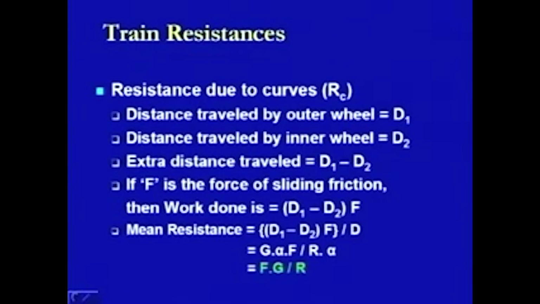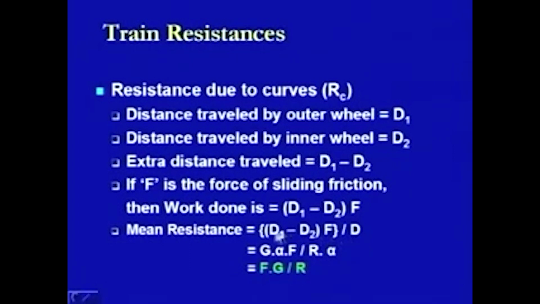So on the basis of what we have discussed previously, if we have the force F, which is the force of the sliding friction, then the work done can be given as the difference between the movement on the outer rail and the inner rail multiplied with this force of the sliding friction. The mean resistance in that case will be d1 minus d2 multiplied with F divided by the average diameter d.